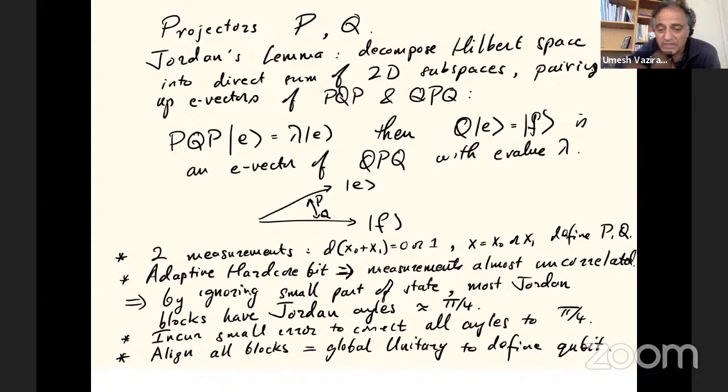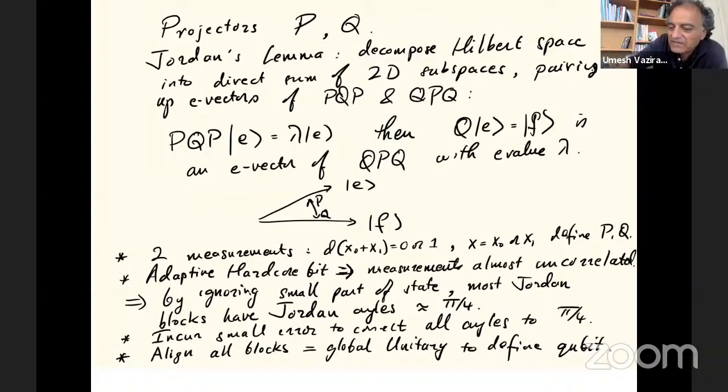Okay. So now, if you have a quantum state and we have these two measurements, these two projectors which are almost uncorrelated, well, then that means that on average, if you look at a typical Jordan block, the angle must be very close to 45 degrees.